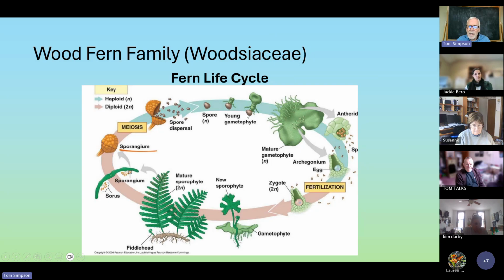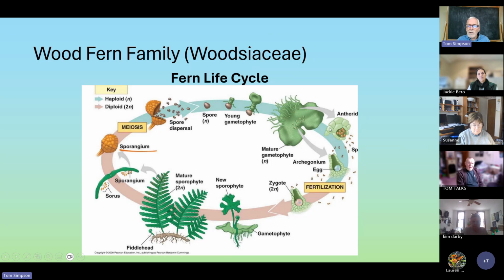They germinate. They grow into this little green thing called a gametophyte. Doesn't look anything like this. It creates these two structures, more botanical names, antheridia and archegonia, that produce sperm and eggs.